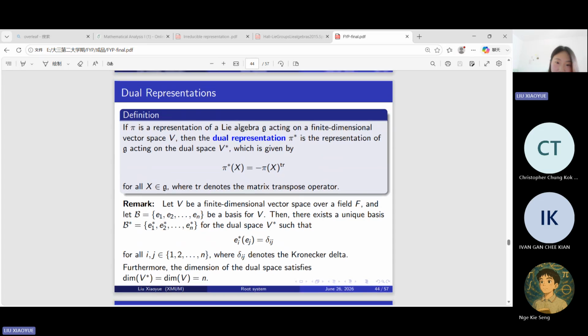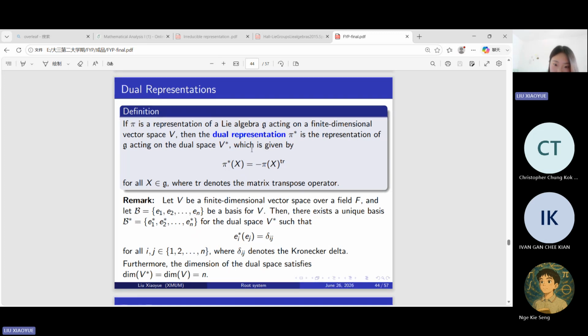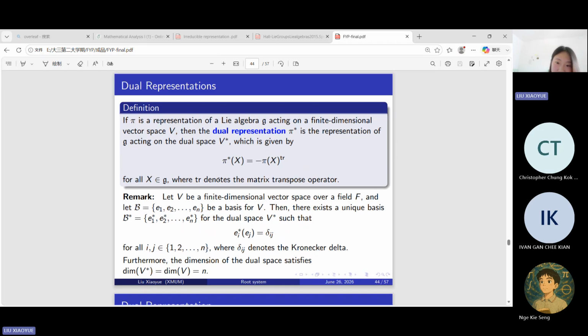The next definition is about the dual representation with respect to the standard representation, and it is given by minus pi of X and then the transpose of it.